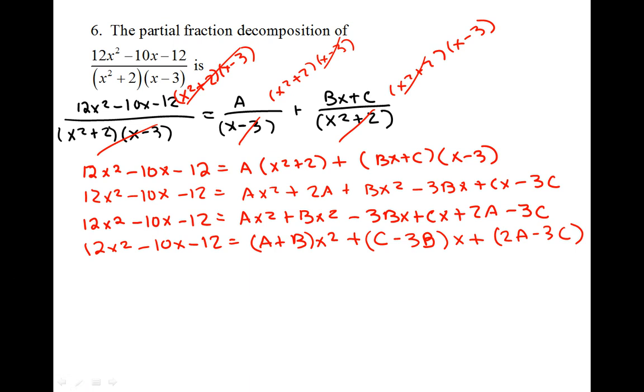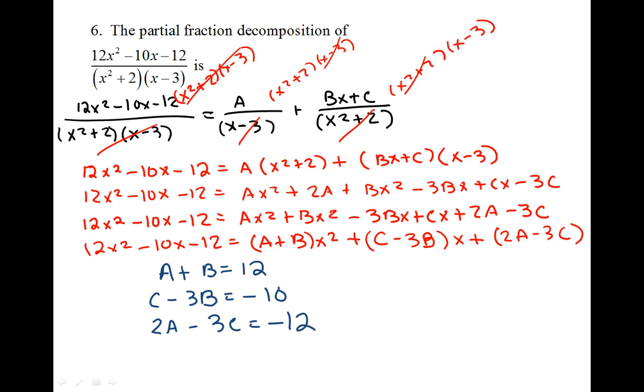So your linear equations: A plus B will equal 12. C minus 3B will equal negative 10. And 2A minus 3C will equal negative 12. Okay, and so I'll take those to the next slide.